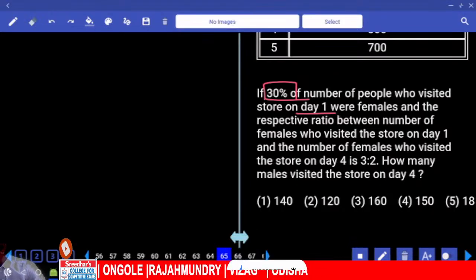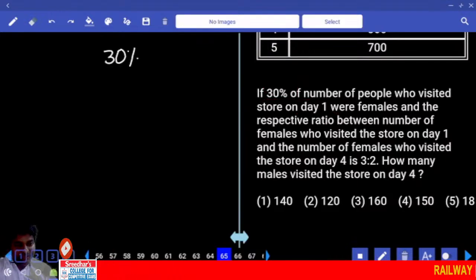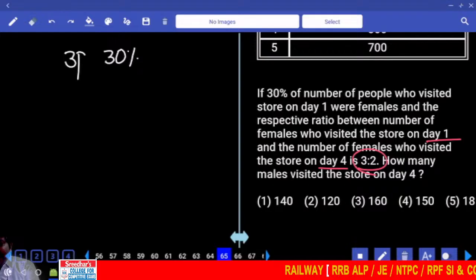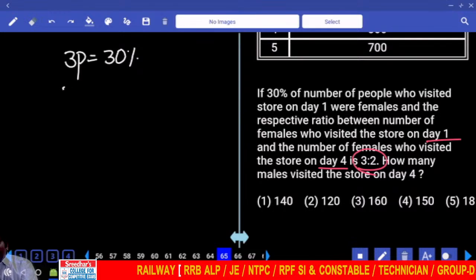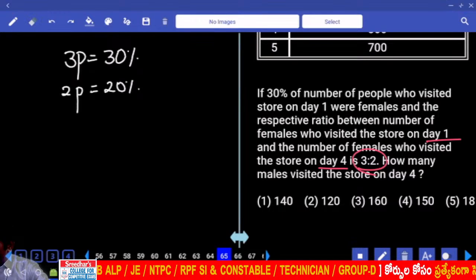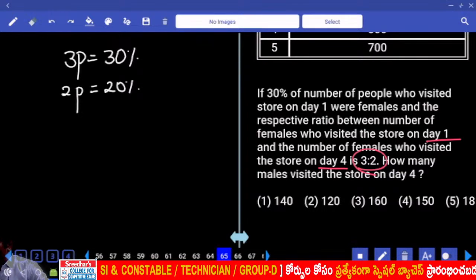Day 1 value, correct? Out of that, 30% are female, correct? Female on day 1 and day 4 are in the ratio. That means 3 parts is equal to 30% of day 1. Then 2 parts will be 20% of day 1.